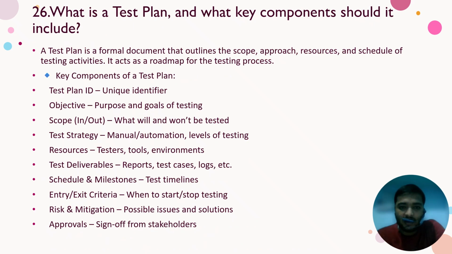What is a test plan and what key components should it include? A test plan is a formal document that outlines the scope, approach, resources, and schedule of the testing activities. It acts as a roadmap for the testing process.